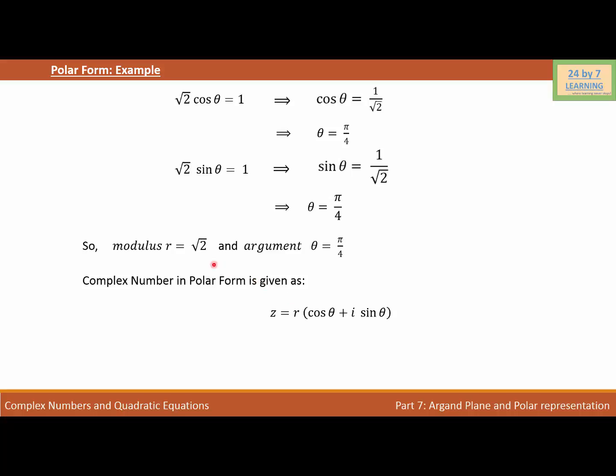Substituting r equals root 2 and theta equals pi over 4, I get z equals square root 2 (cosine pi over 4 plus i sine pi over 4). This is my complex number in polar form, and this is how we can convert any complex number into polar form.